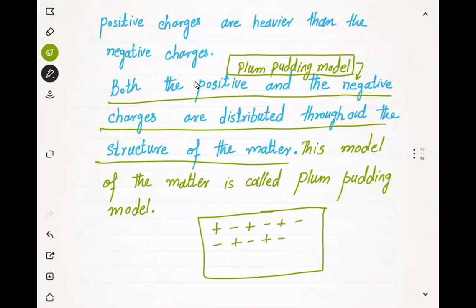So a uniform distribution of positive and negative charges is called the plum pudding model.